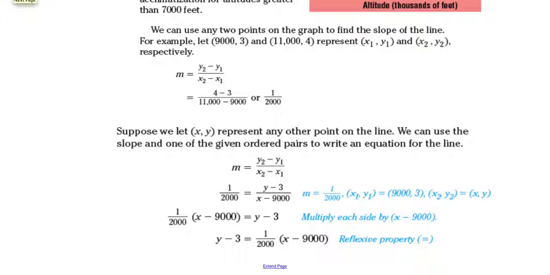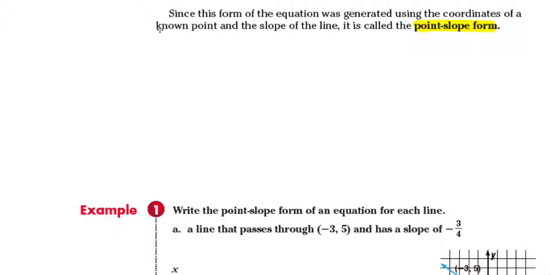So what did we learn from that? Since this form of the equation was generated using the coordinates of a known point and the slope of a line, it is called the point slope form.